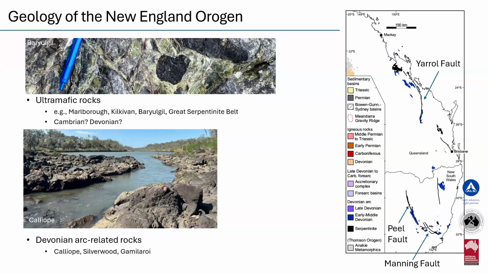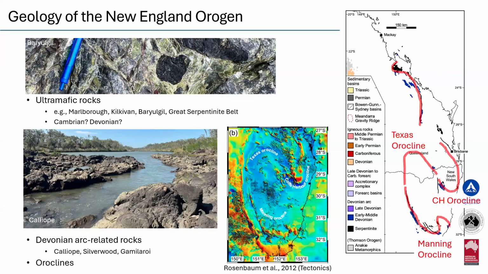Those rocks, the ultramafic rocks and those Devonian arc-related rocks, are spatially linked mainly to major tectonic contacts, the Yarrol Fault here and the Peel-Manning Fault in New South Wales. Not exactly, but we can see the spatial relationships, and together they delineate the shape of the oroclines.